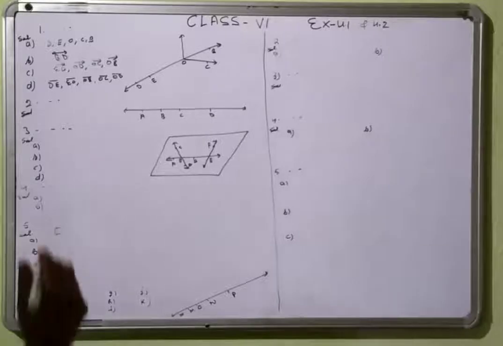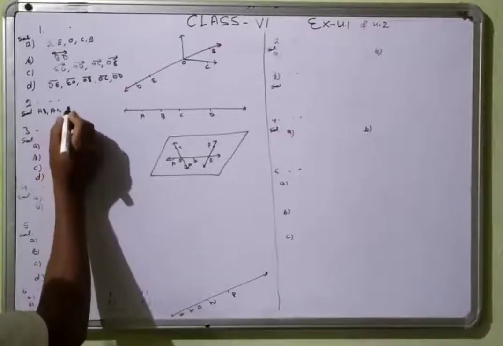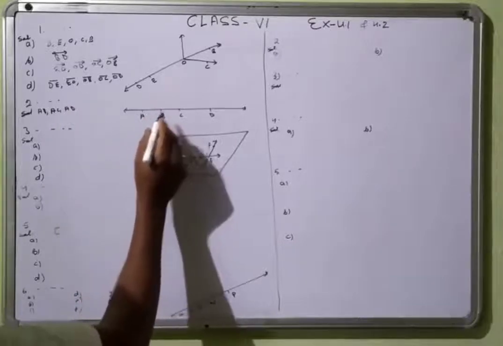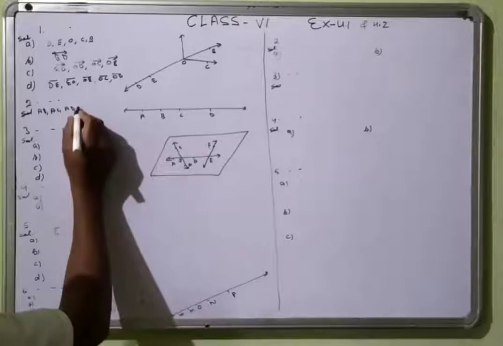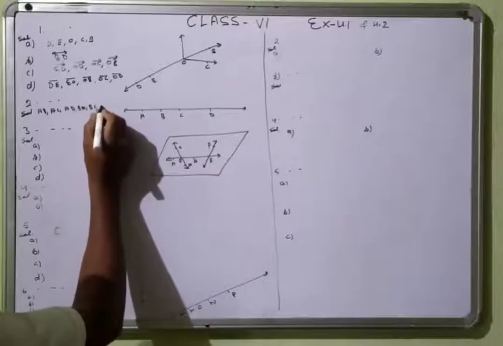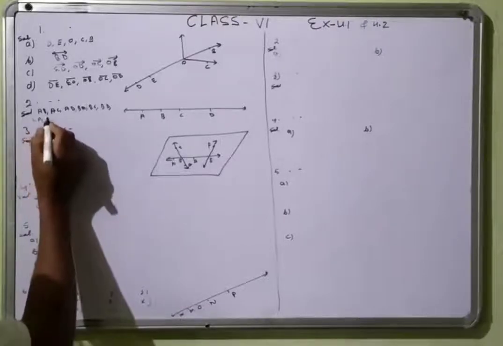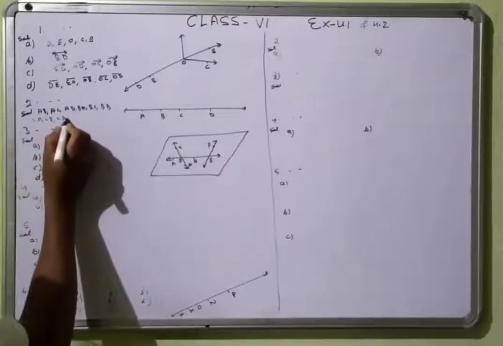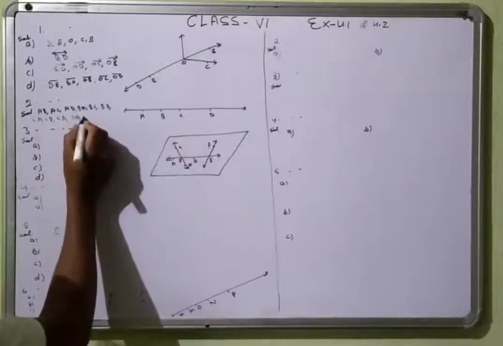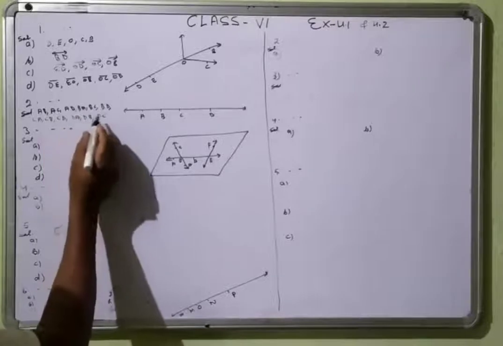Line given in all possible ways. So we will write AB, AC, AD, and then BA, BC, BD, and then CA, CB, CD, and then DA, DB, DC. 1, 2, 3, 4, 5, 6, 7, 8, 9, 10, 11, 12.